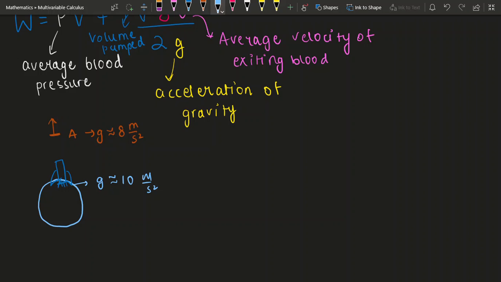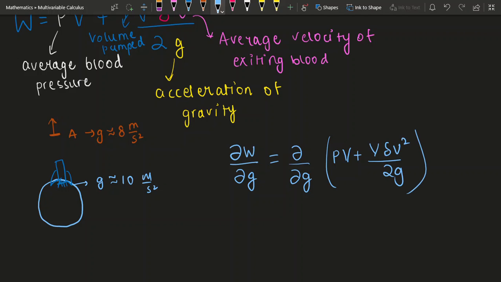So for that, let's take the partial derivative of work with respect to g. You're essentially taking del over del g of the expression PV plus V delta V squared over 2g. Now, as you're taking a partial derivative, all other parameters are considered constant. Since P and V are constant, their product is also a constant, so its derivative is just 0.